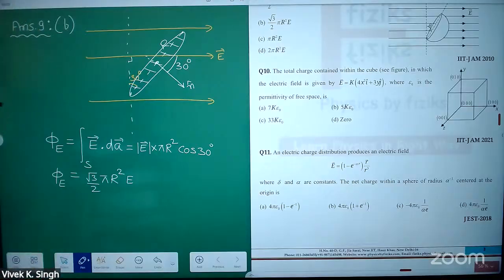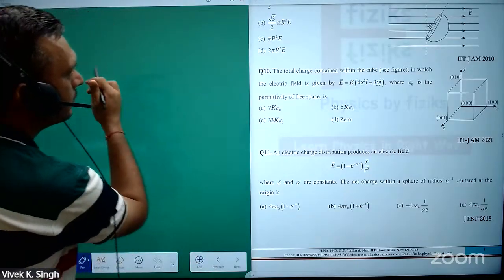Just try to solve question number 10. Take 2 minutes and try to solve. Question number 10.